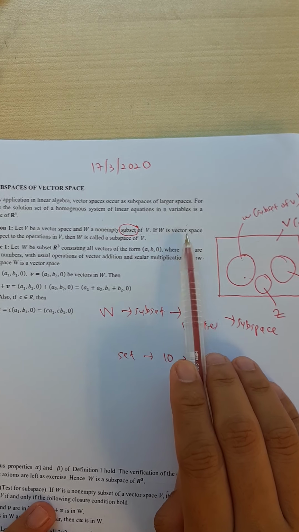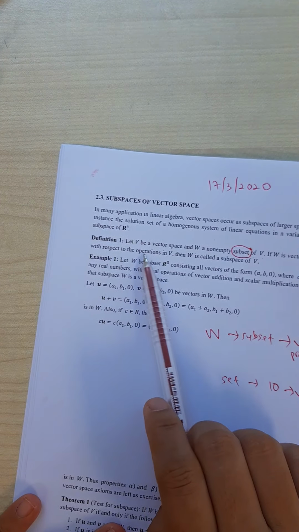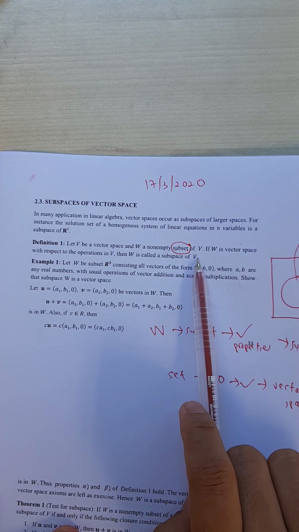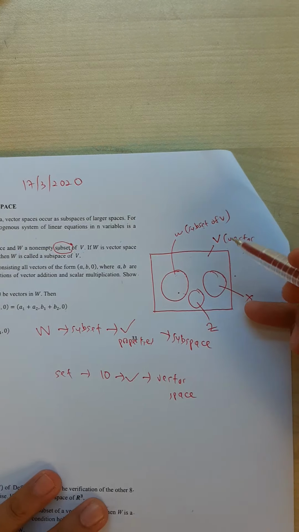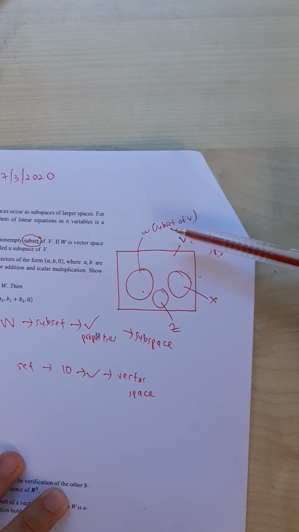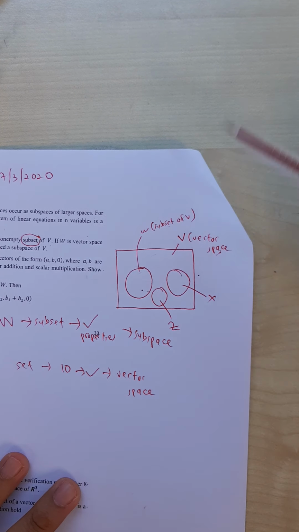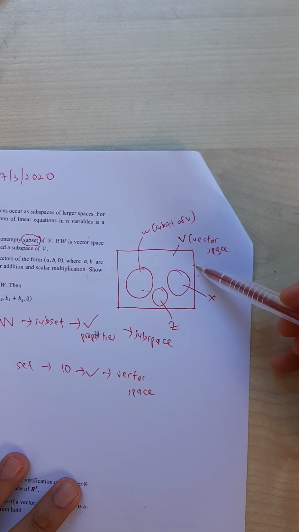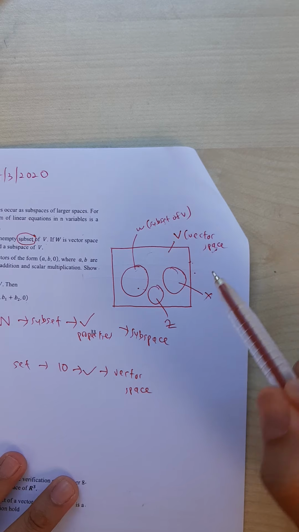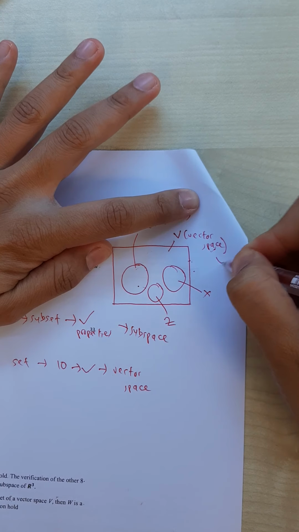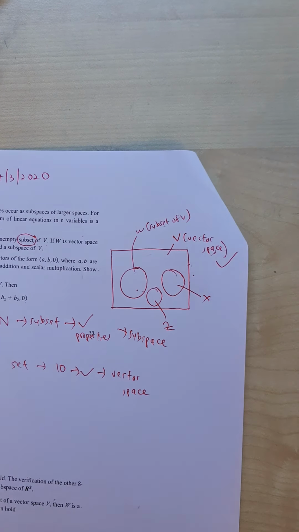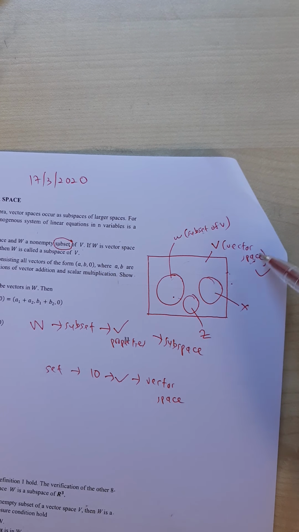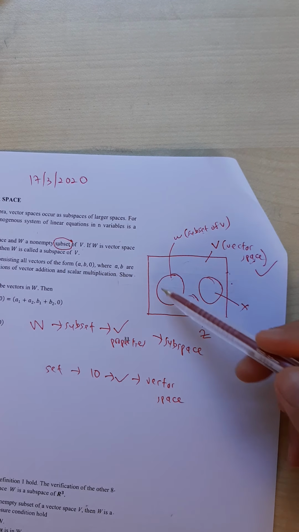So if W is a vector space with respect to the operations in V, then W is called a subspace of V. Okay, so let me explain this definition here using this diagram. So we have this vector space V, and you already checked using the 10 properties that this is a vector space. Inside this vector space V here, there are multiple subsets.